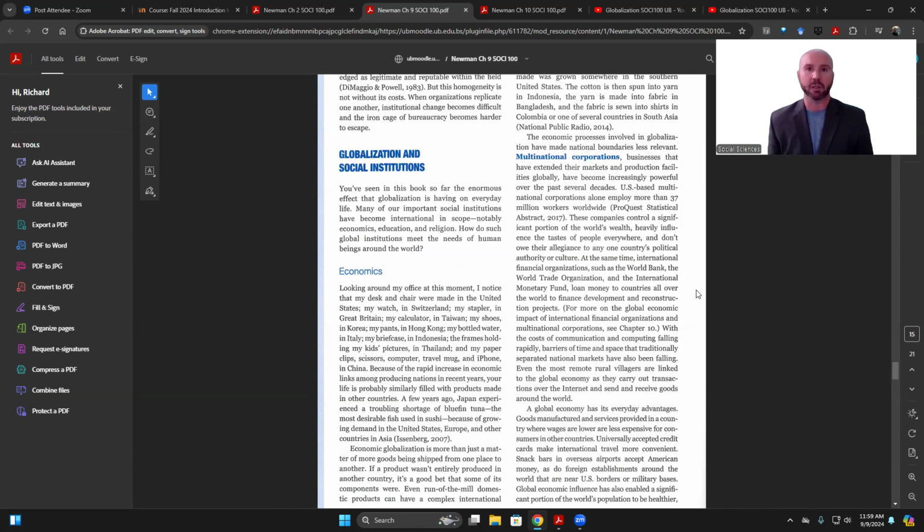Think about apparel lines where the fashions come out of Europe and the United States, but the garments and the fabrics are made somewhere in Malaysia, in Southeast Asia, in South America. So some of those issues are taken up in this section, and as you can see here, are later covered in chapter 10.